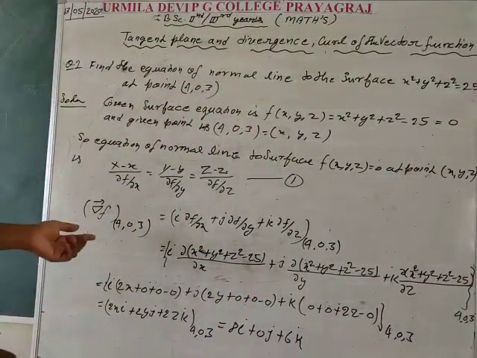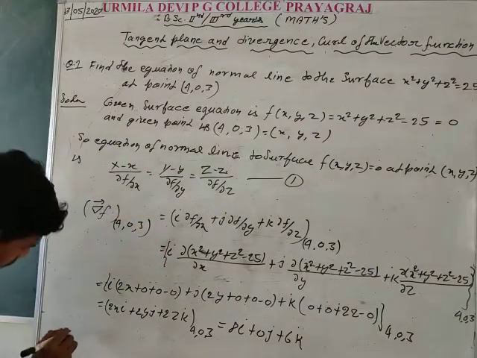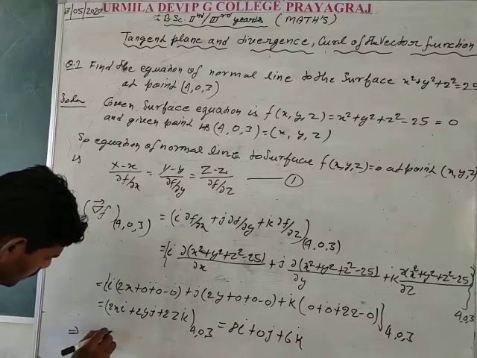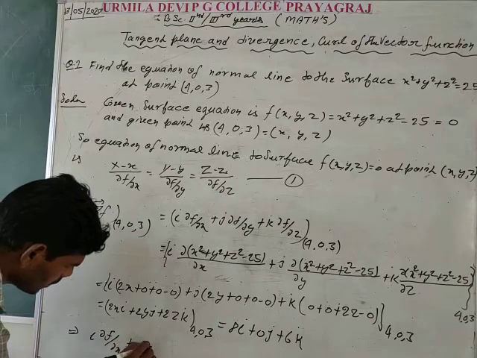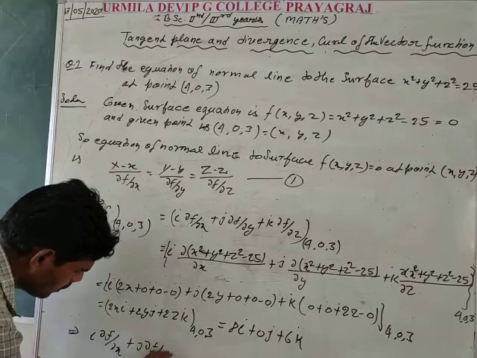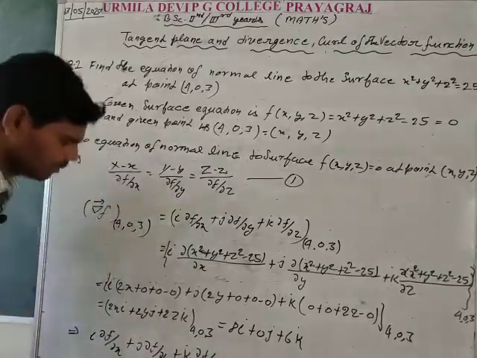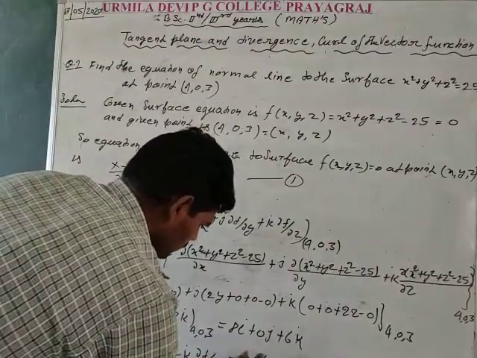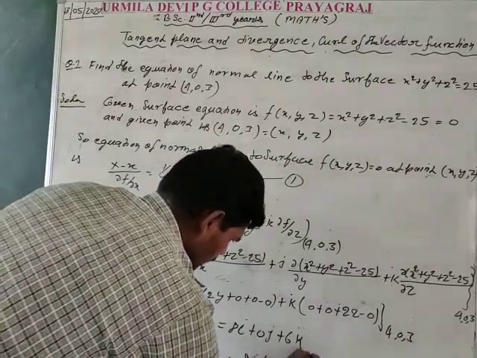So here, comparing both sides, the complete equation means i times del f by del x plus j times del f by del y plus k times del f by del z is equal to 8i plus 0j plus 6k.